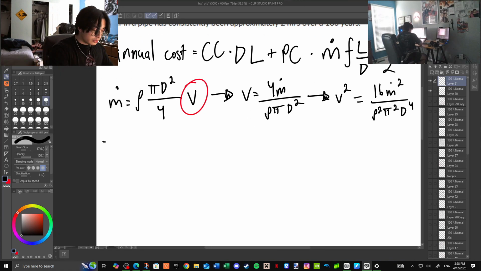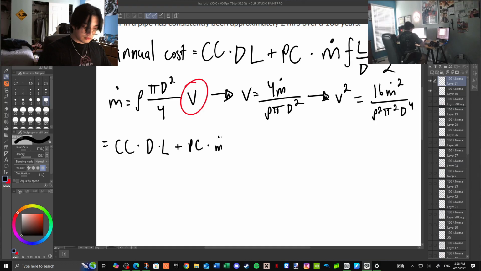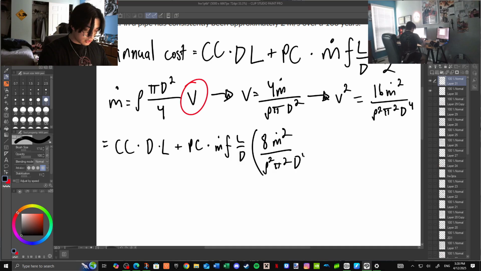So by doing a little substitution, we get a new expression, capital cost times diameter times length plus PC times mass flow rate, friction factor, length over diameter is where we start substituting, v squared over 2, so v squared is equal to this, so 16 over 2 will just be 8, and then just substitute everything else like normal. Mass flow rate squared, density squared, pi squared, and then d to the 4th.